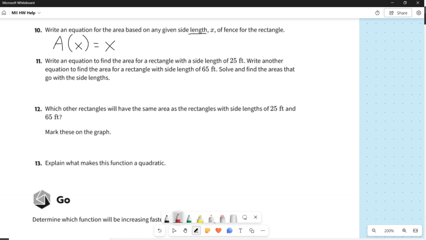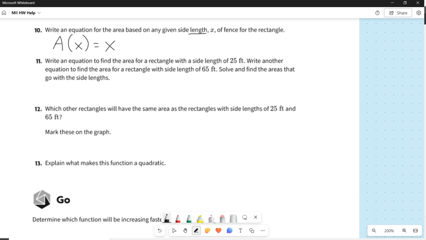We do not want to say x times w, because if at all possible, we want to use as few variables as possible. And when you introduce a second variable, things get significantly more complicated. And in this context, it's not going to work. So we do not want to represent the width with a second variable. What we want to do is represent the width in terms of the length, which again was x.